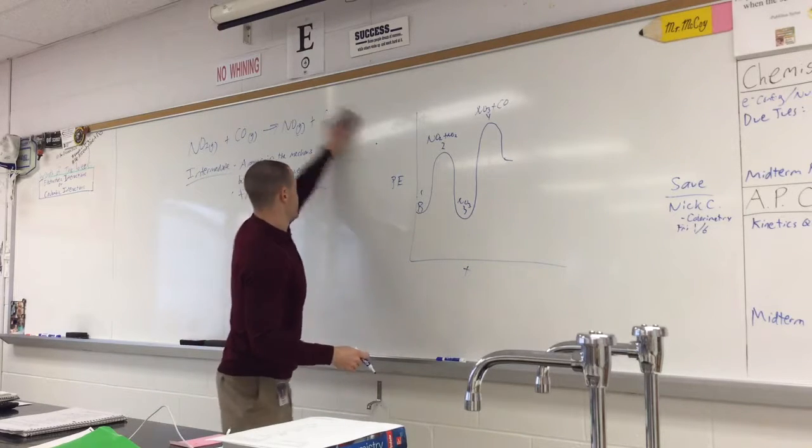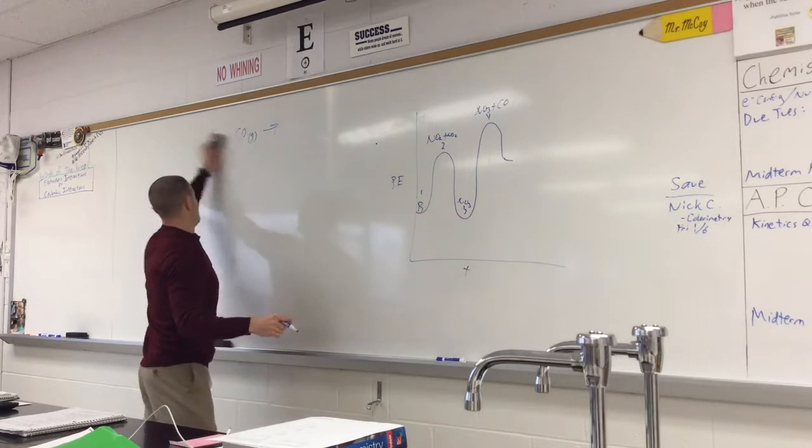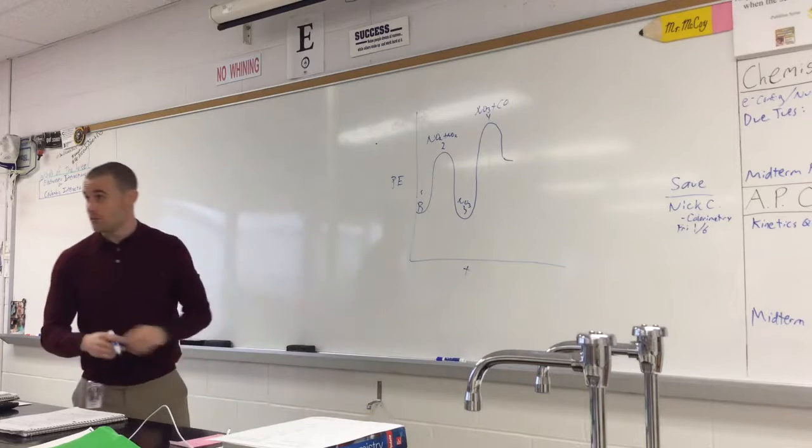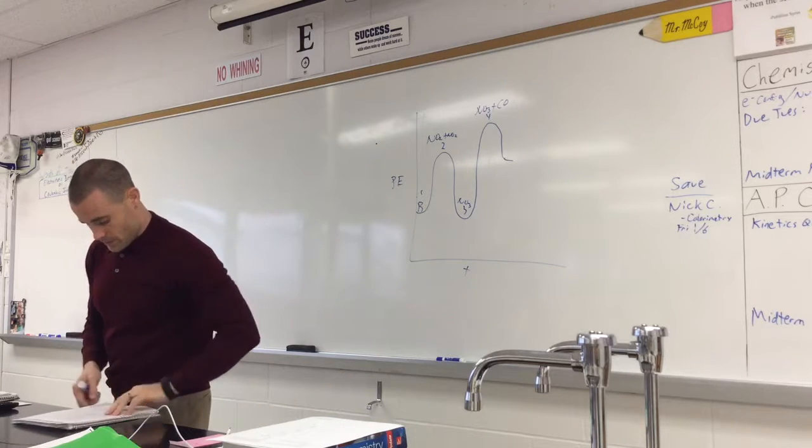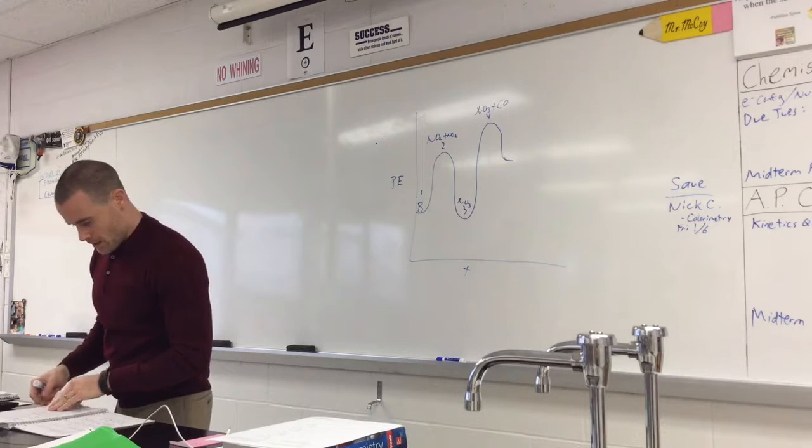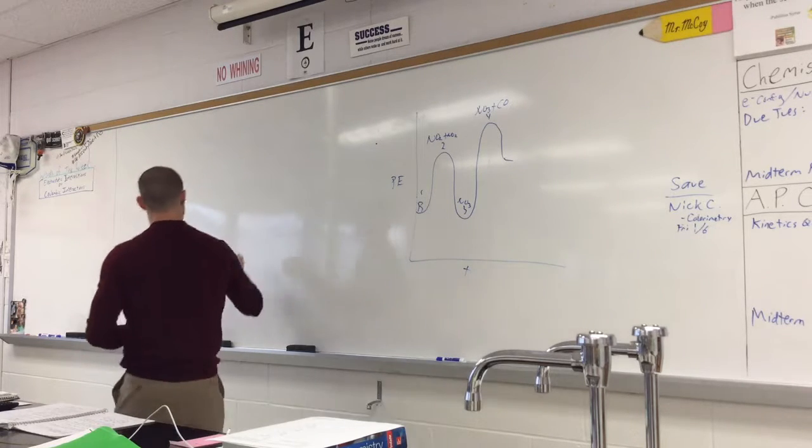All right, so the next thing here, quick, is pretty simple, and then hopefully I can get into rate laws a little bit. Never have enough time. All right, so the molecularity of a reaction.